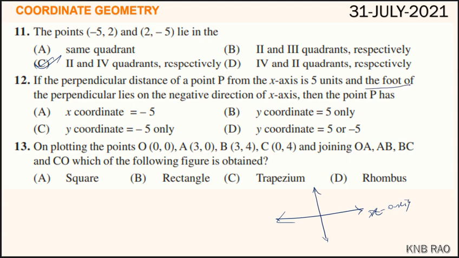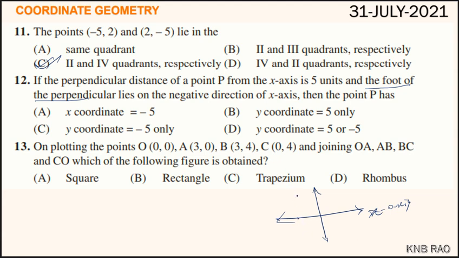The foot of the perpendicular lies on the negative direction. That means the negative direction of the x-axis. On that, you have the point P lying. It can be from this side or from this side.